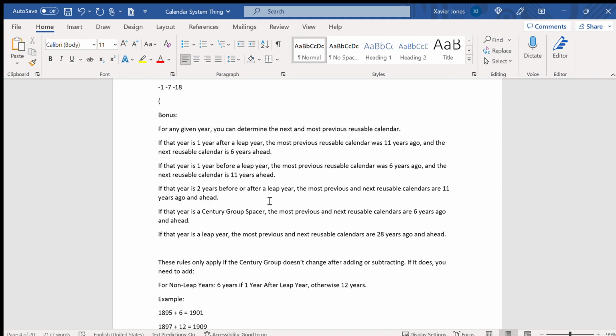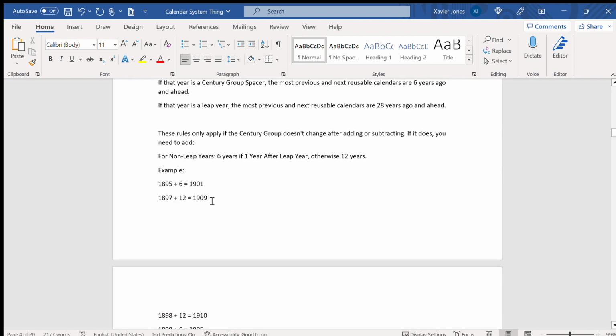So for the year 1897, we're going to assume it's plus 12. Everyone cool with that? Because what if it was plus 6 or plus 5? If it was plus 5, then it would be 1902. Have I verified these differences?